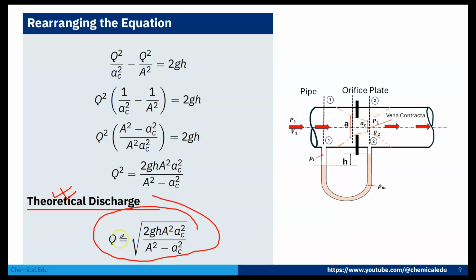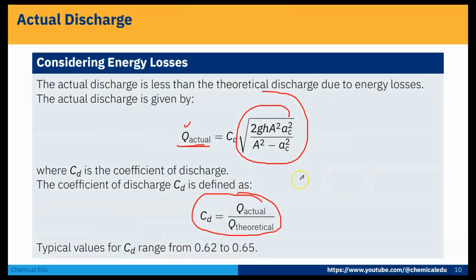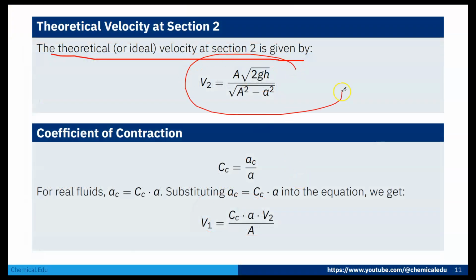So from here we can easily calculate what will be the V2. V2 is nothing but what? Q by AC. So from that we can easily calculate what will be the V2. So V2 is A root over 2gh by root over of A square minus AC square. So that we can calculate.